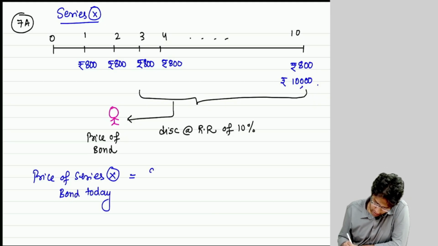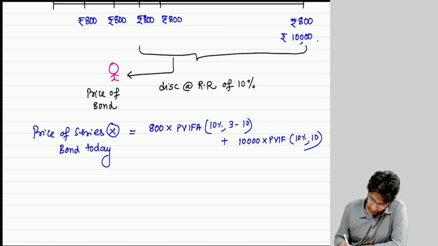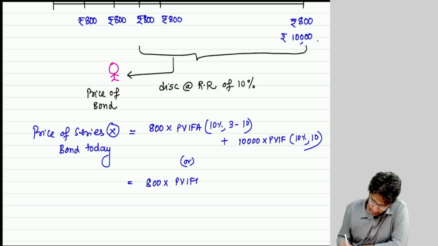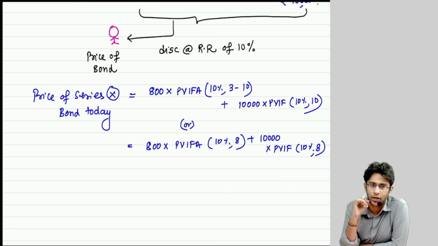Price is equal to, I will write two things, you tell me which one is right: coupon times PVIFA 10%, 3 to 10 years, plus 10,000 into PVIF 10%, 10th year. Is this right, or the other one? Which one is right, first one or second one?